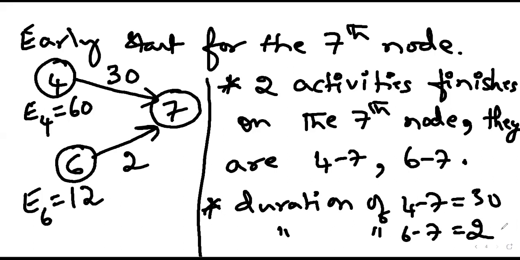In previous calculations we required only one equation, but on the 7th node two different activities finish, so we require two different equations.